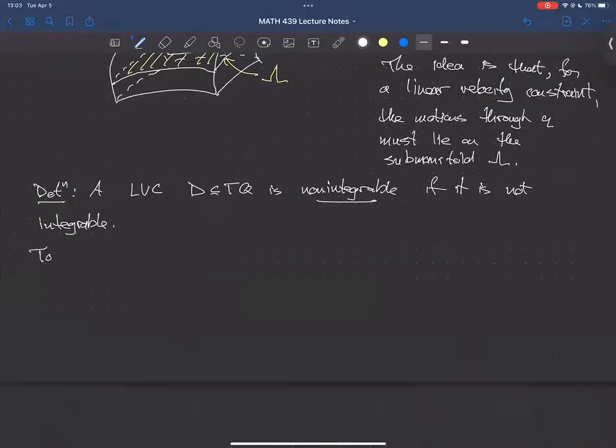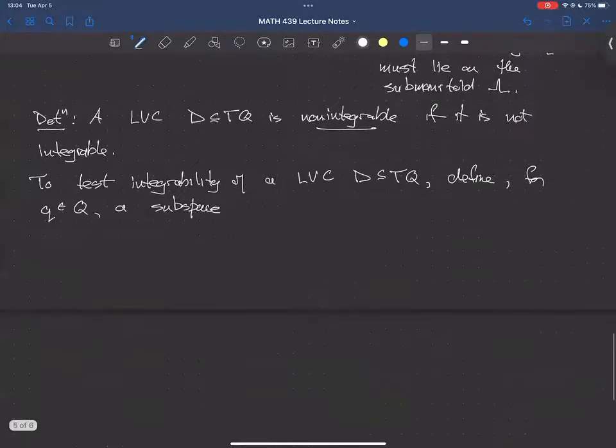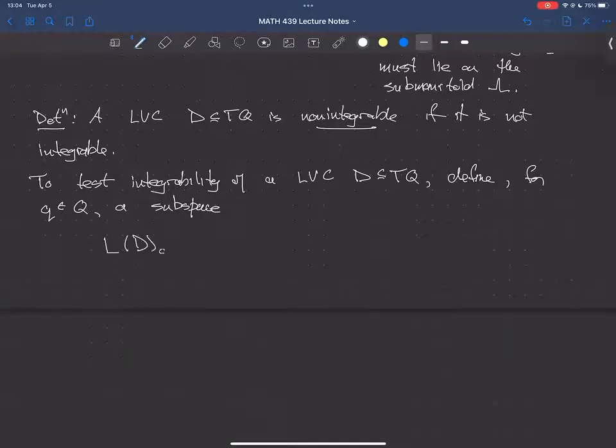To test integrability of a linear velocity constraint D, for q in Q, a subspace, I'm going to call this subspace L of D at q.